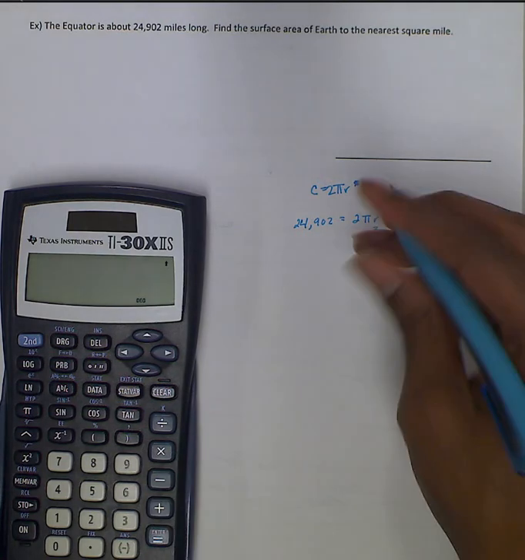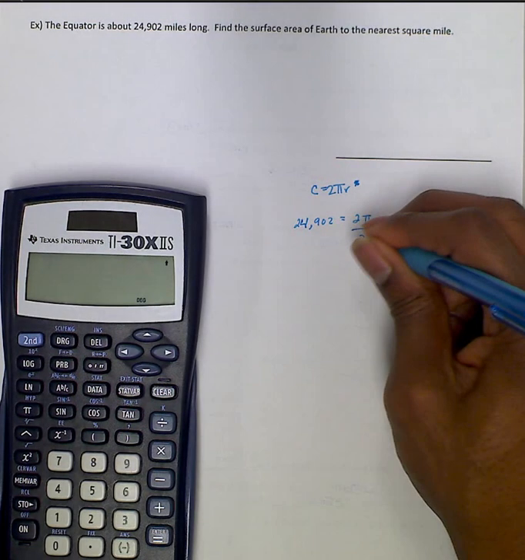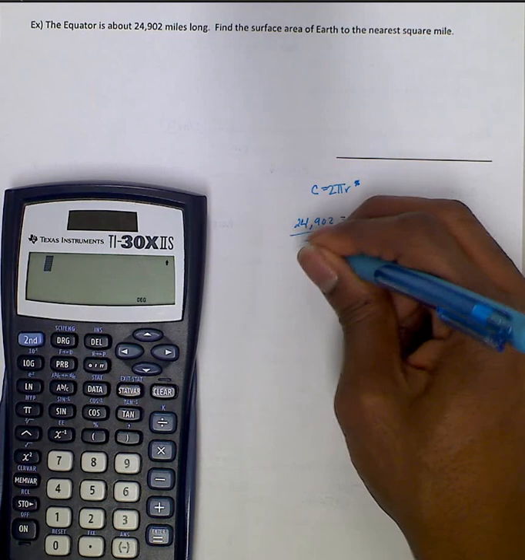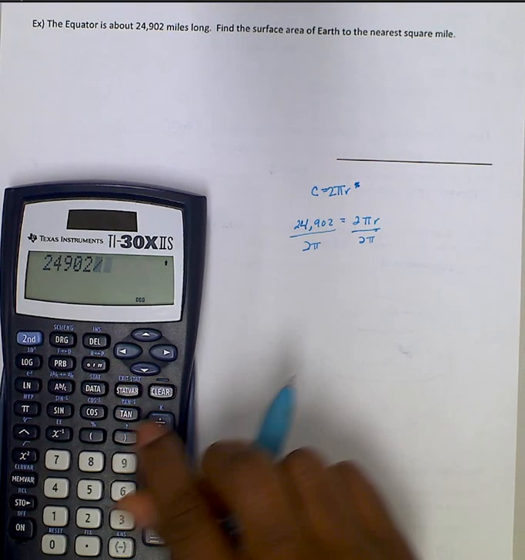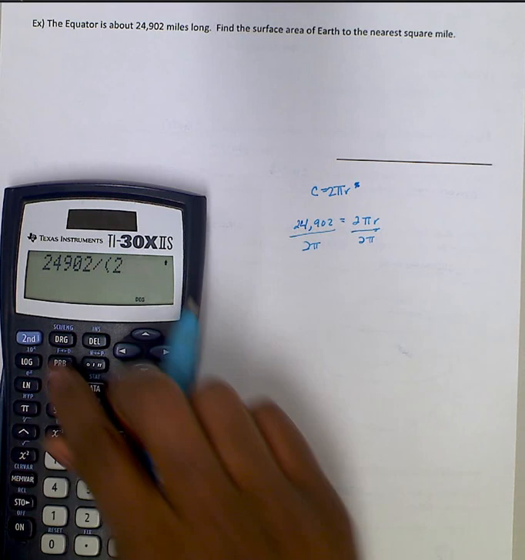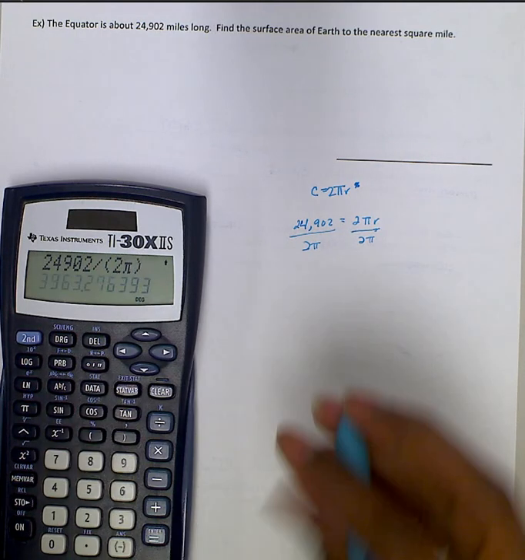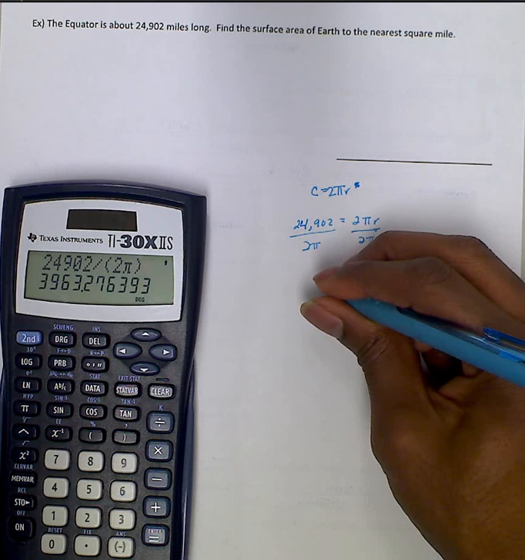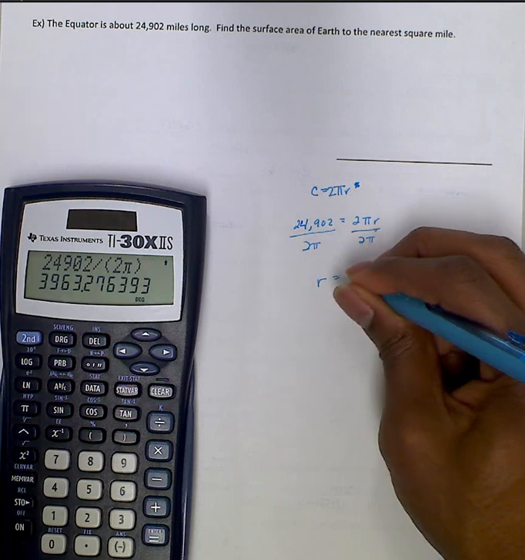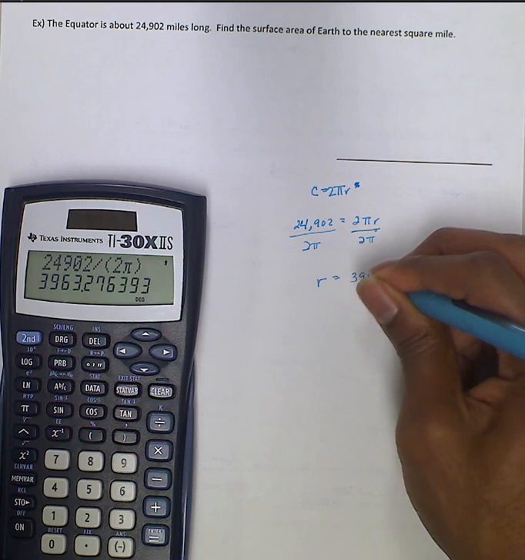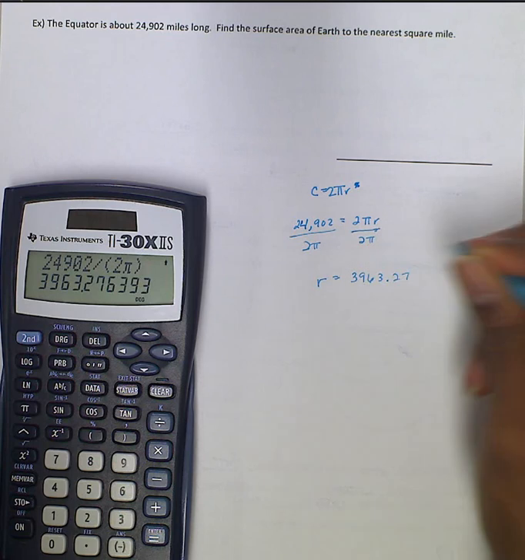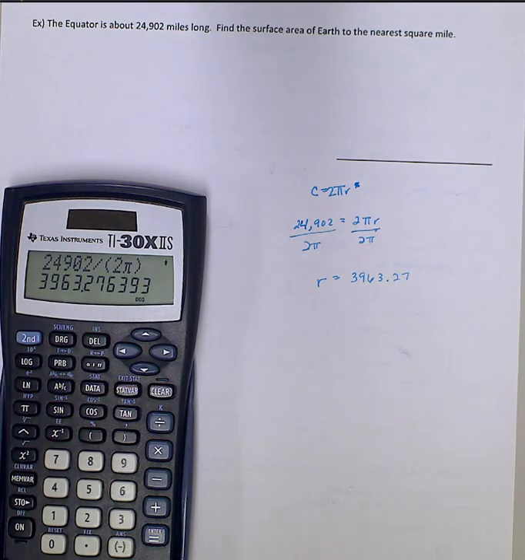I'll divide both sides by 2 pi. So 24,902 divided by, in parentheses, 2 pi gives us a radius of 3,963.6 and so on.